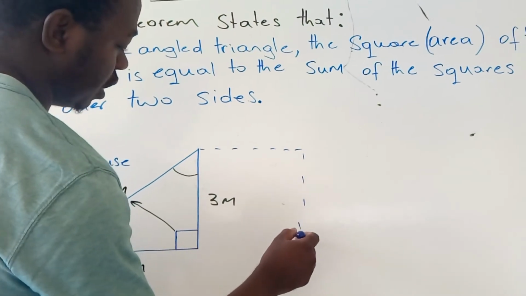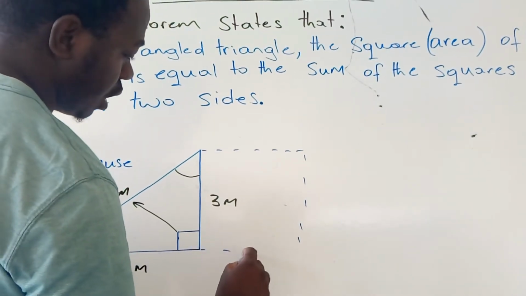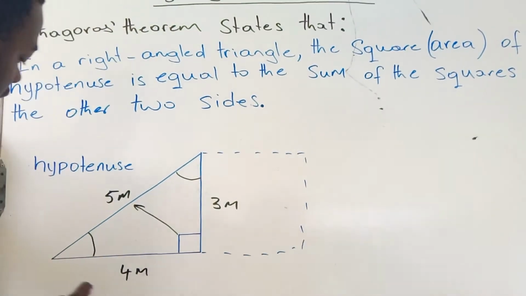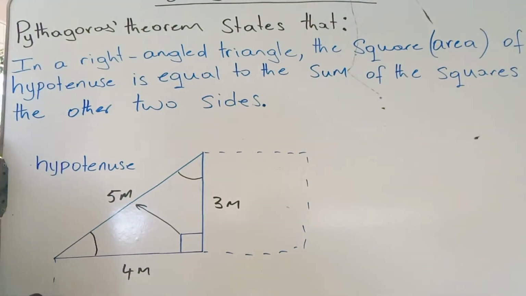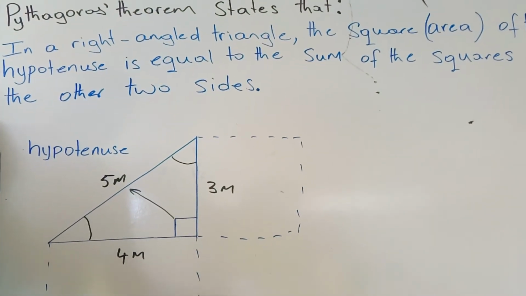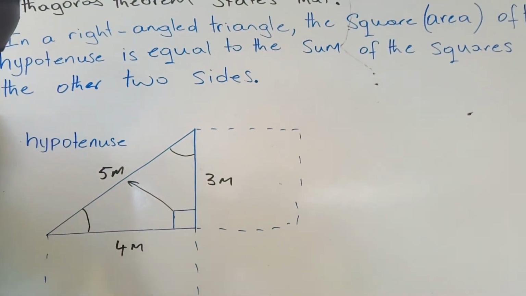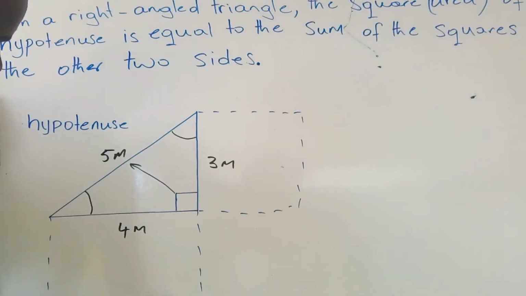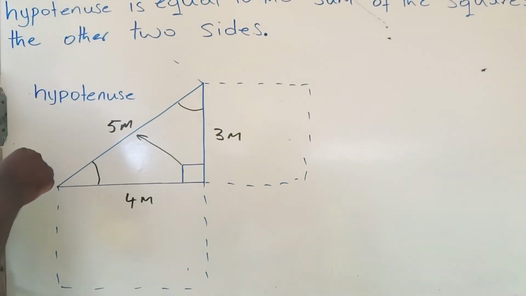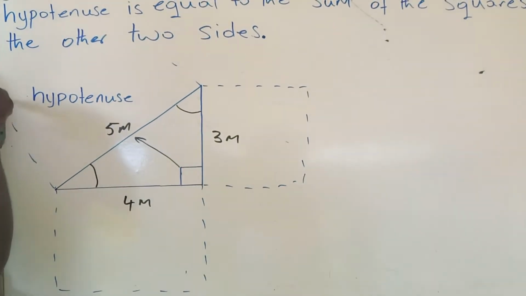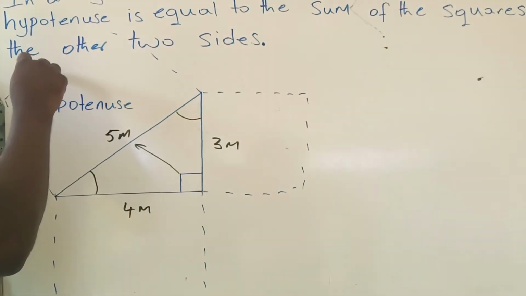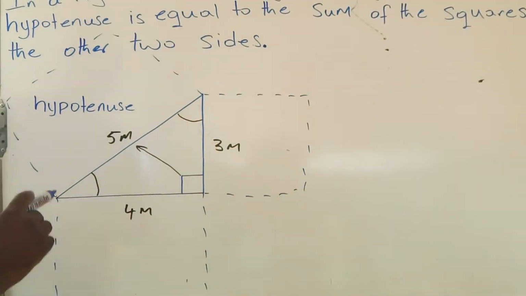If we draw a square here and we complete the square on each side, and you're asked to calculate the area of each square, let's see what will happen. And you will have a square going in this direction here. I'm running out of space here, but let's just visualize it.